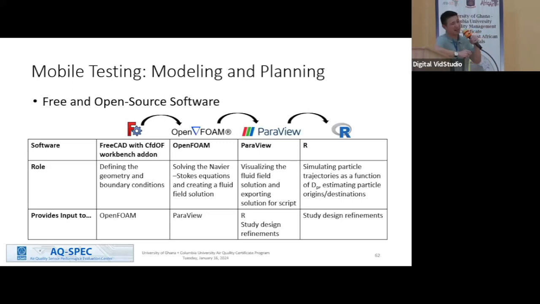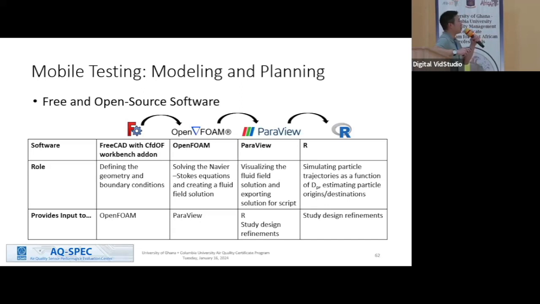It's like a package that you can install. Your FreeCAD 3D geometry is your input to OpenFOAM, a free and open source CFD modeling software. It solves the Navier-Stokes equations to create your fluid flow solution.